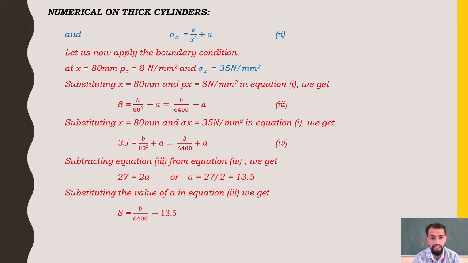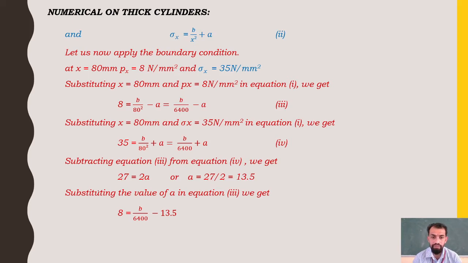Subtracting equation 3 from equation 4, we get 35 minus 8, which is 27, equal to 2a, since minus of minus becomes plus and the b by 6400 terms get cancelled. So a is equal to 27 divided by 2, which is 13.5.